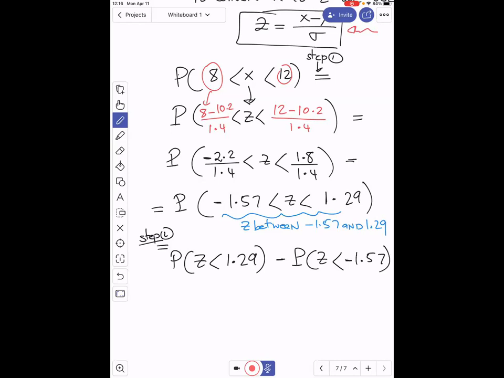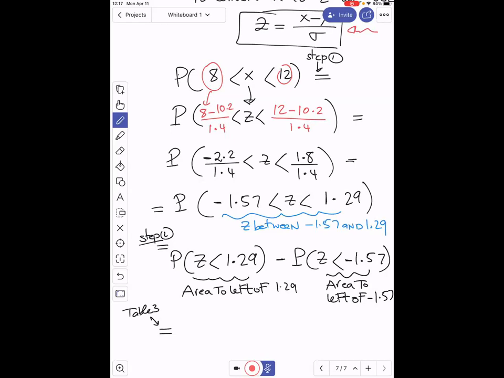This difference is in terms of the areas to the left: the area to the left of 1.29, and the area to the left of negative 1.57. So I express z between two numbers as a difference between areas to the left. Now I can use my chart, table 3.